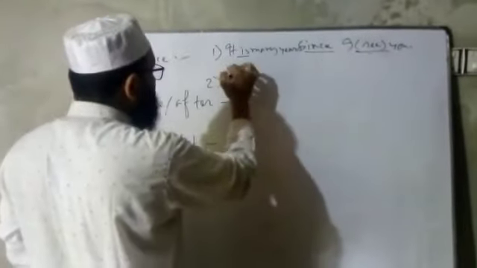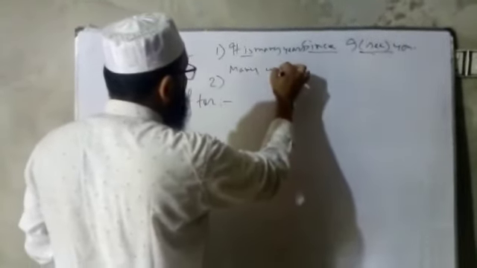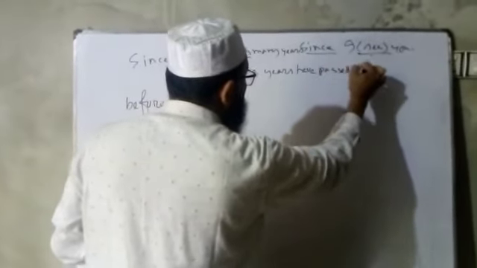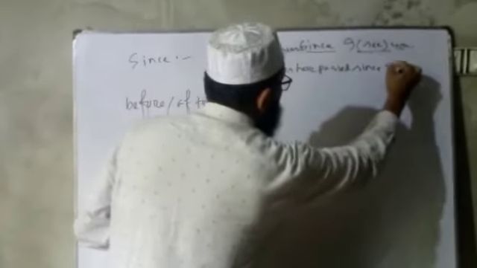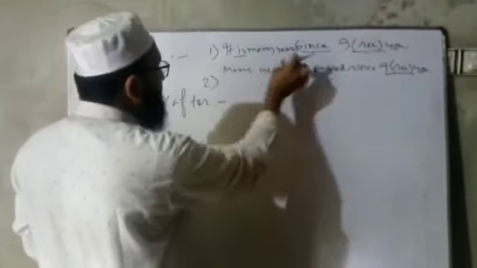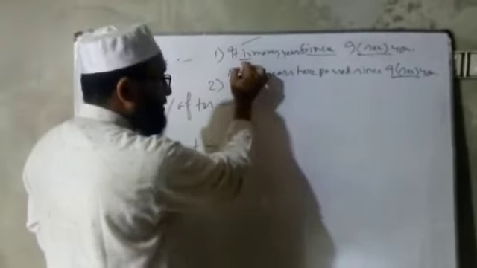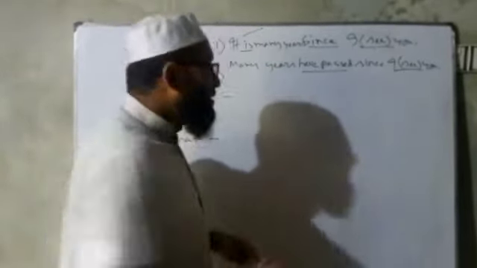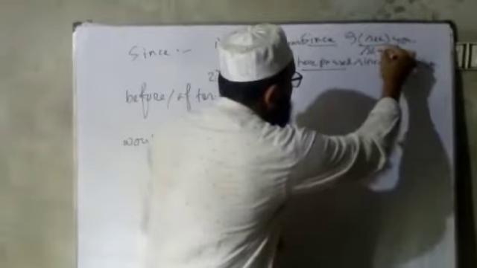And another example: many years have passed since I see you. Got the point? You can see here the verb is in present indefinite and here in present perfect. So in both conditions, the next verb will be in past indefinite. So it will be: since I saw you.